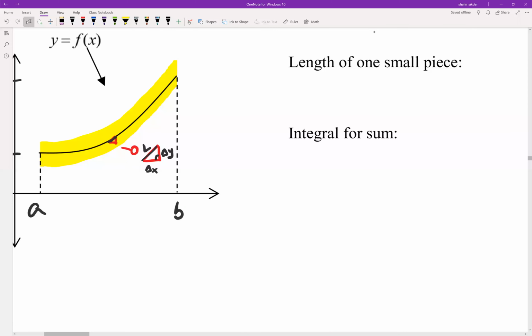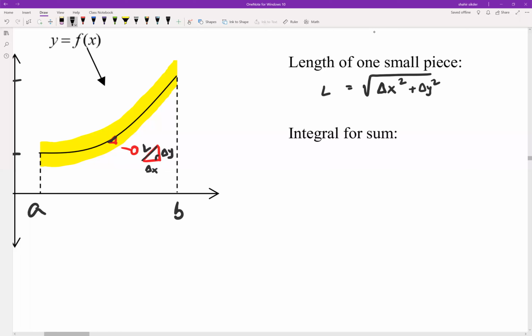If I wanted to solve for c, c would be the square root of a squared plus b squared. So our L in this case would be the square root of delta x, that quantity getting squared, plus delta y, that quantity getting squared, using Pythagorean.